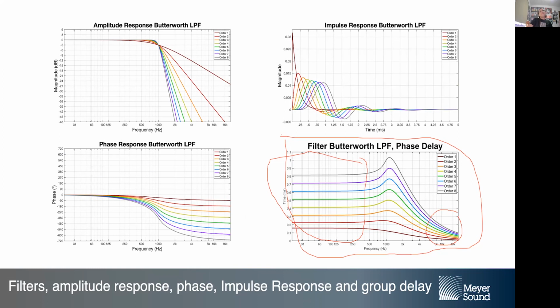So with the low pass filter, we exhibit the same phase delay as with the high pass filter if the cutoff frequency is the same, the frequency of the filter is the same, and if the order is the same.